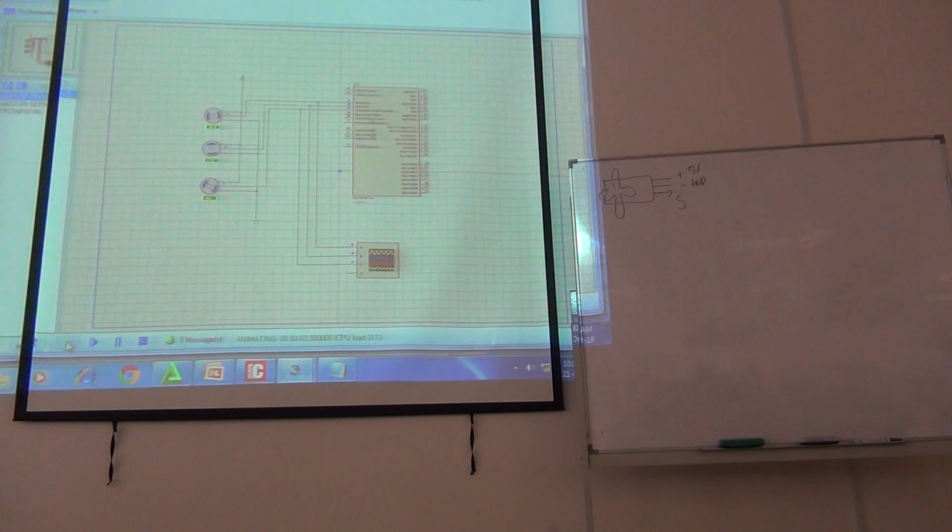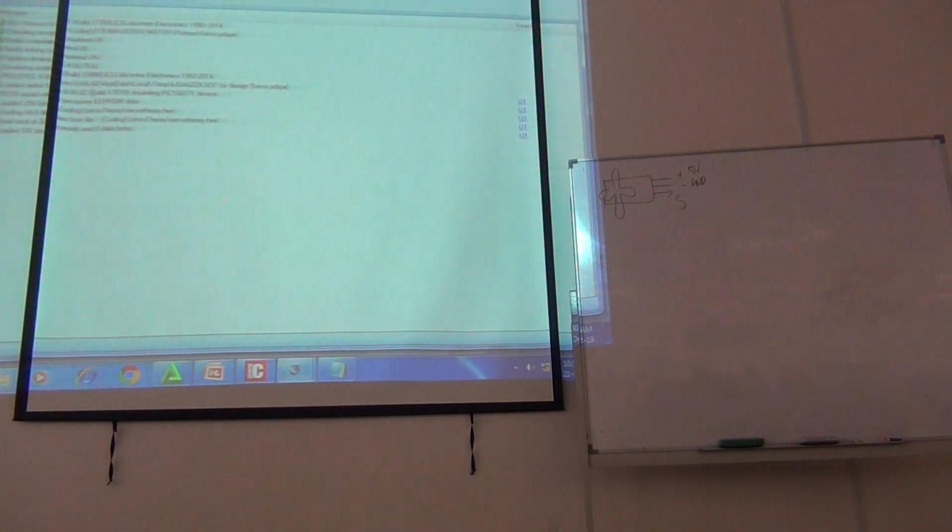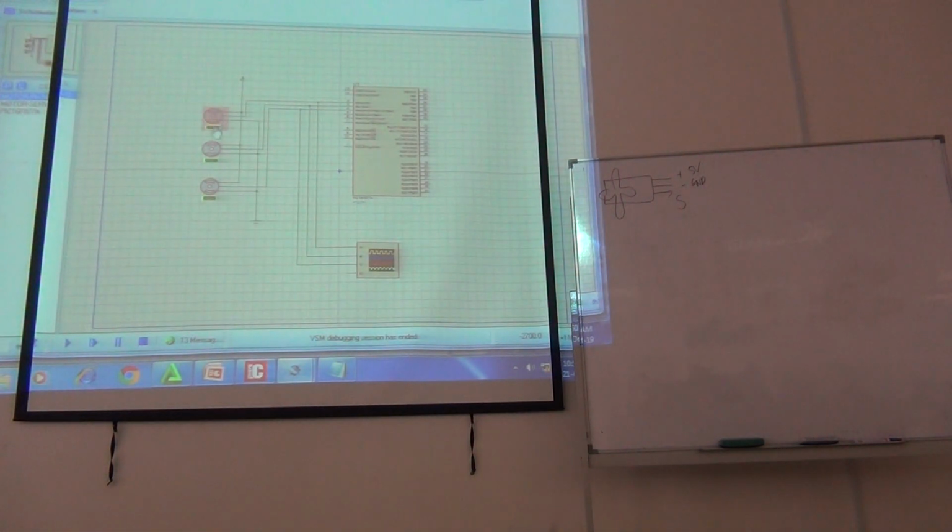One is moving in one direction, one is staying at the center, and the other one is moving in the other direction. So I stop and run it for you again. Right, you can see that.